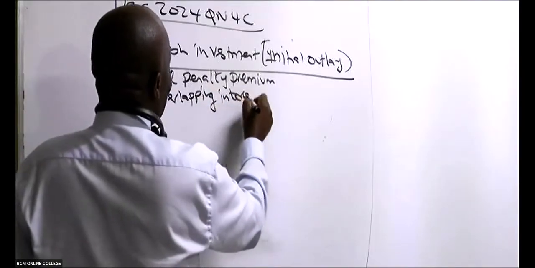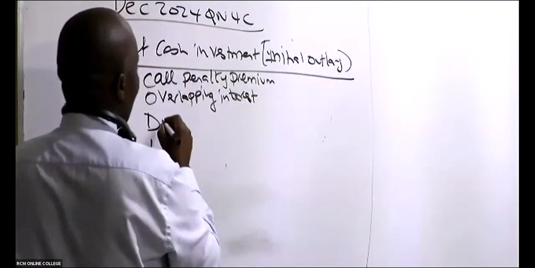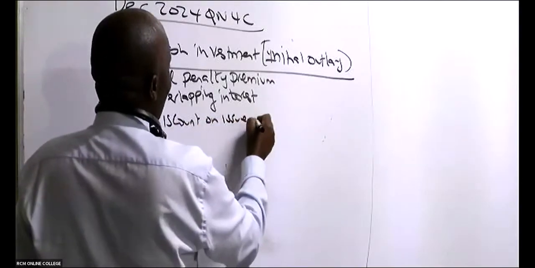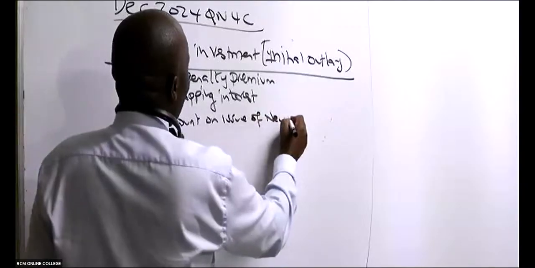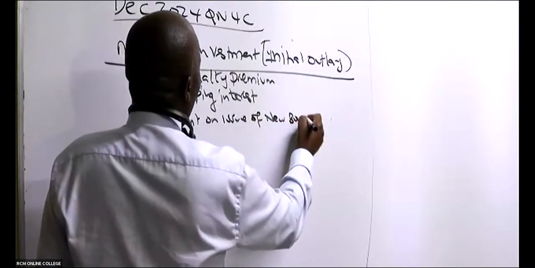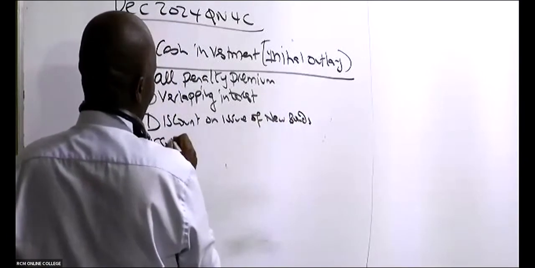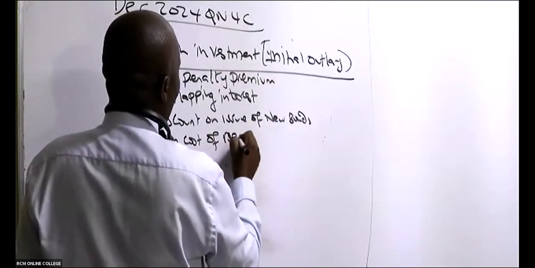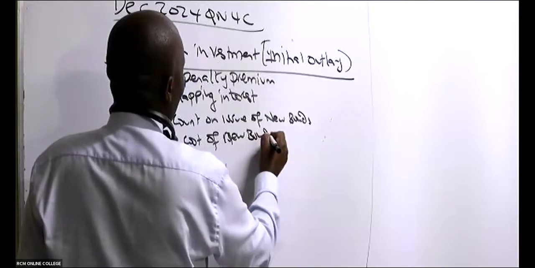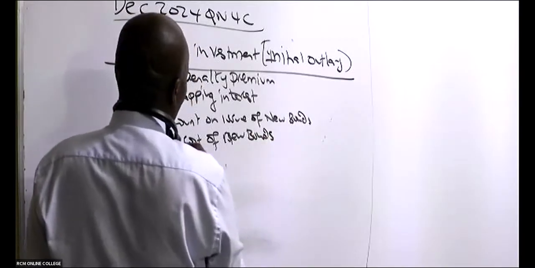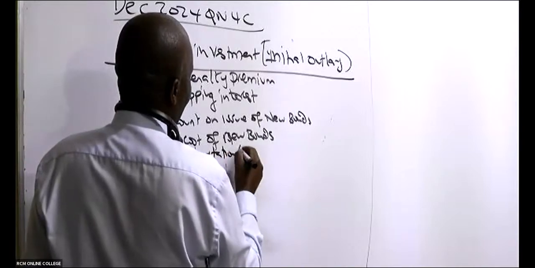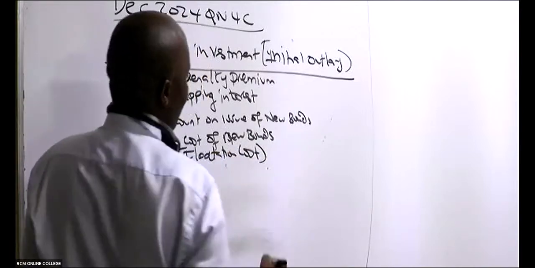We have discount on issue of new bonds. So we have the issue costs of new bonds, also known as flotation cost.